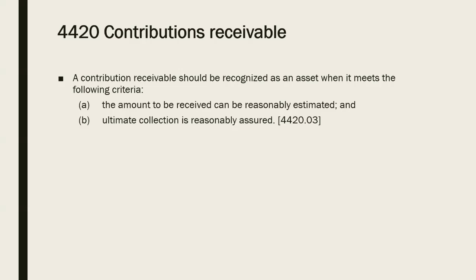So this is why the organization has to be able to reasonably estimate the amount that it can collect, and there is reasonable assurance that the amount will get collected in the future. If either of the two is missing, then the society, the not-for-profit, should not record a contribution receivable asset. It should wait until actual collection occurs.